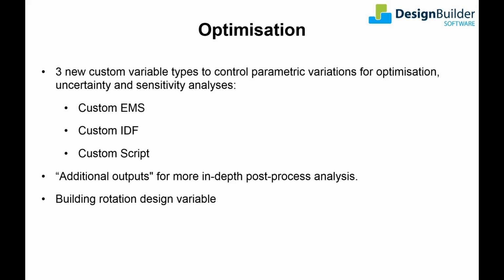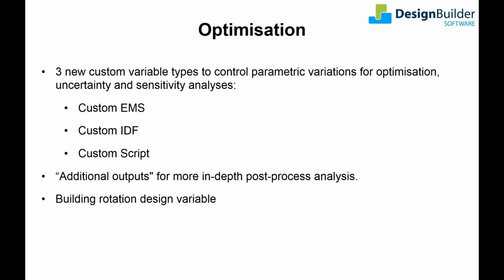This allows you to test for a range of building rotations relative to any fixed site objects such as other buildings, trees, etc. In this way, DesignBuilder can help you find the optimal building rotation for your model, taking into account all of the other possible design variations that you define.